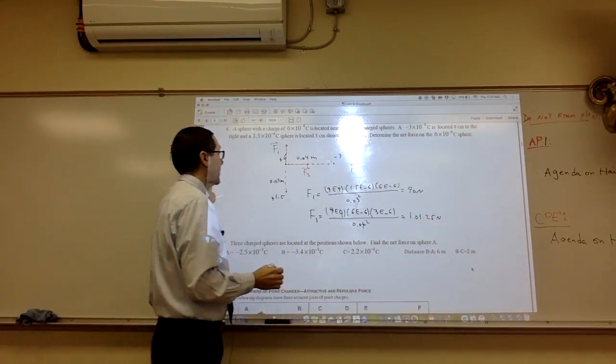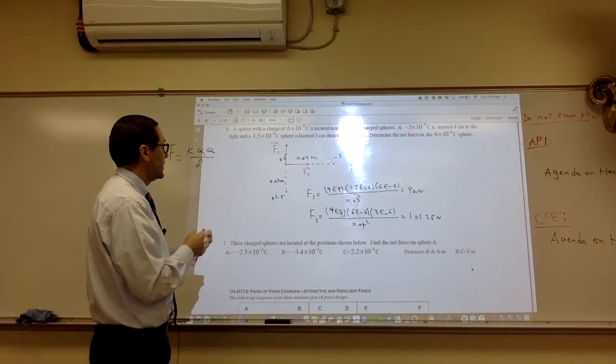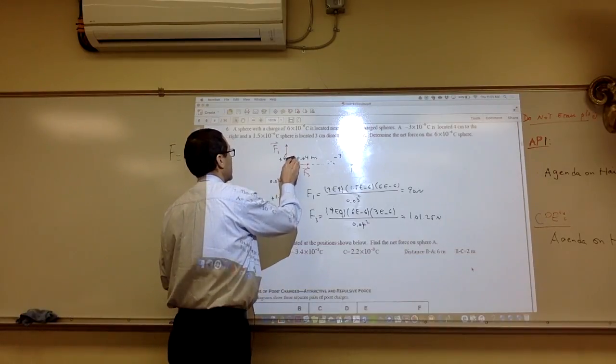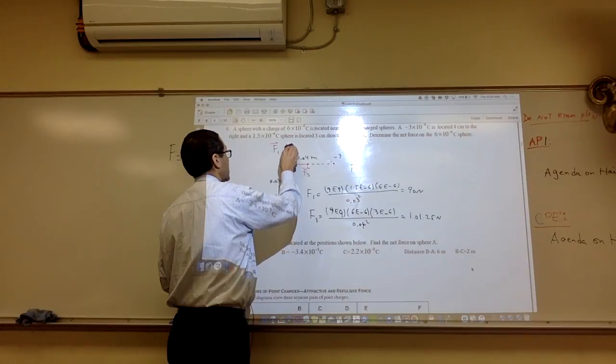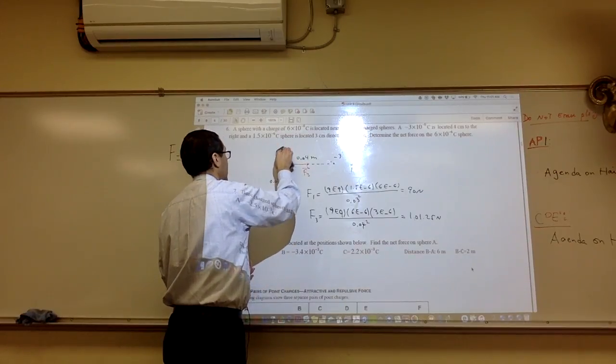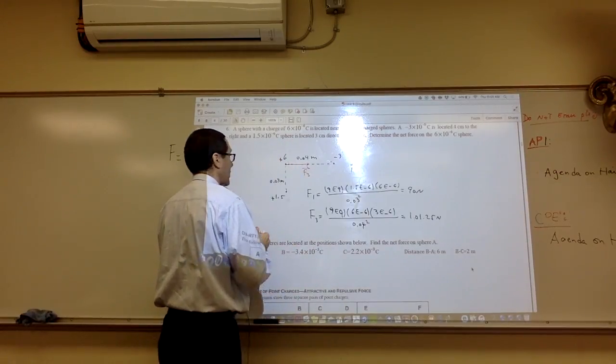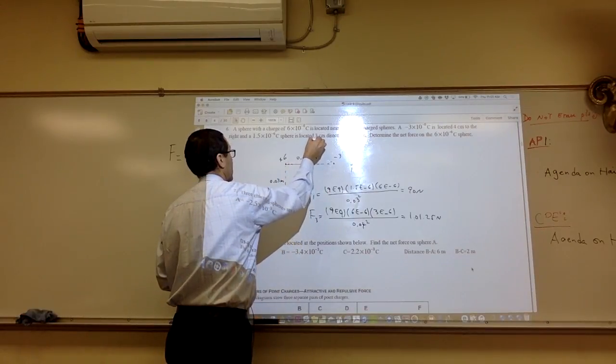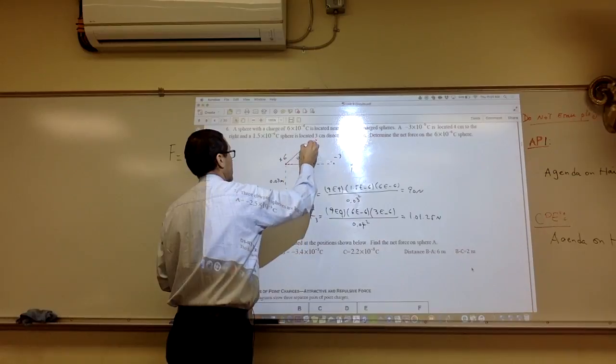Now to find the net force, I don't want to do the chart method here because it's a right triangle. So I can take this F1, make a triangle and do head to tail. F1 is technically here, so here is the net.